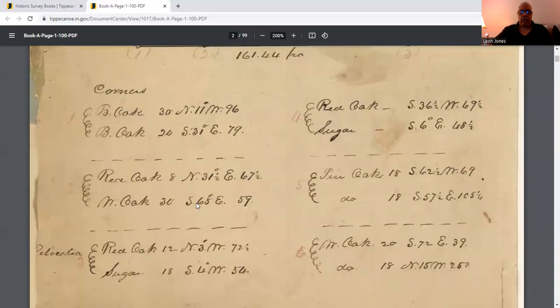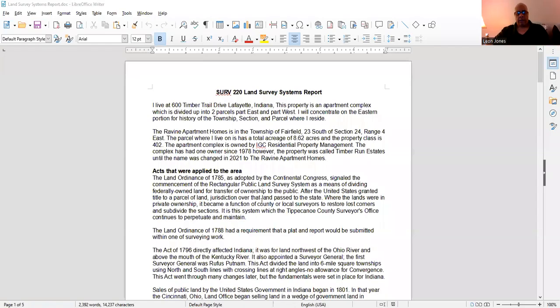And again, this is what the plat looks like. Now, I'm going to go into my paper that I did so you'll understand how I put it all together. Now, this is the paper that I wrote, okay? This paper describes where I live.